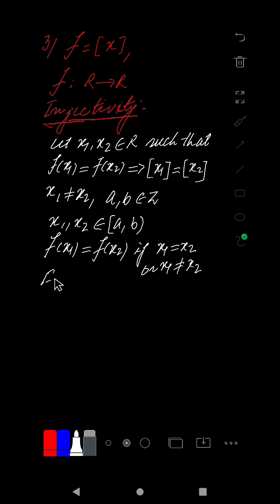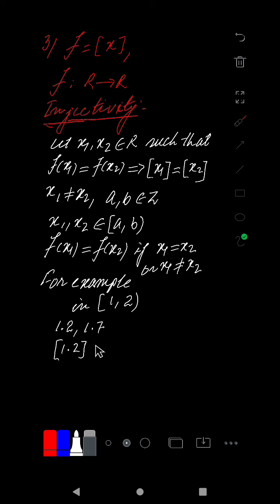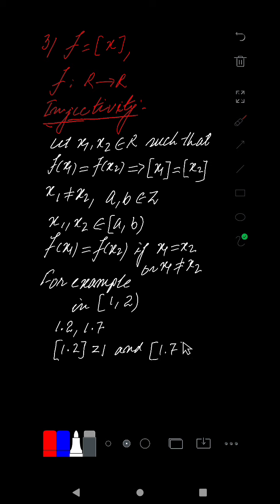For example, in the interval [1, 2), if we take two unequal elements like 1.2 and 1.7, so by the definition of greatest integer function, [1.2] is equal to 1 and greatest integer function of 1.7 is also equal to 1.